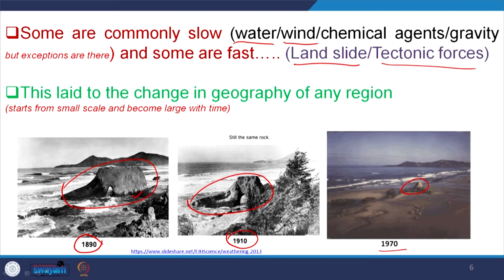From a huge mound, gradually it decreases in size, again gradually it decreases. If it is noticed further, suppose in 2019, probably this mound would not have been here. So, this is a gradual process. These geomorphic systems are working to make the system peneplain, to change the geography.